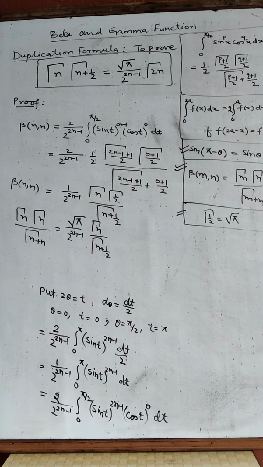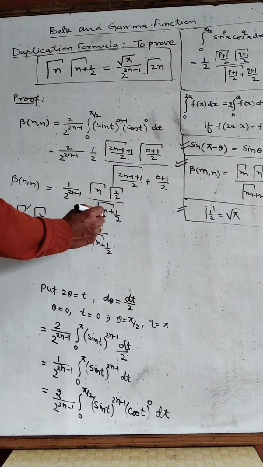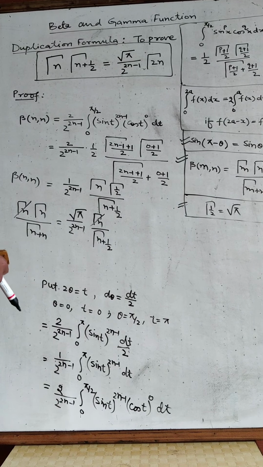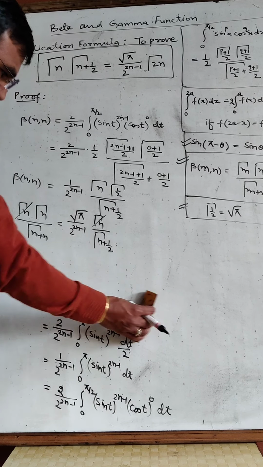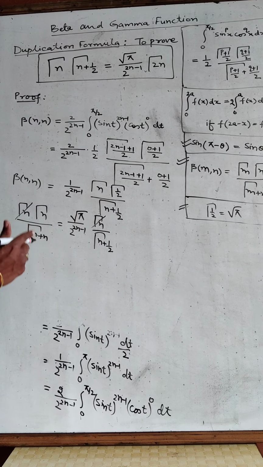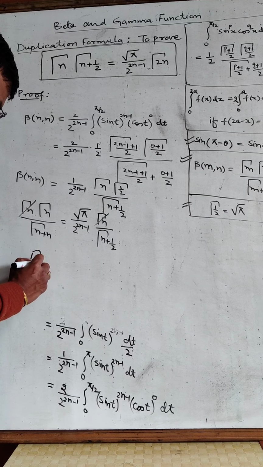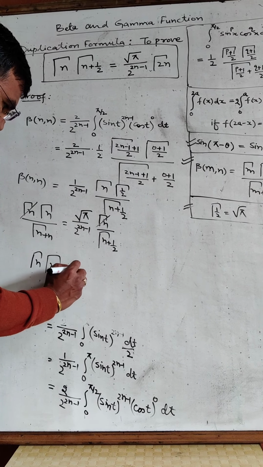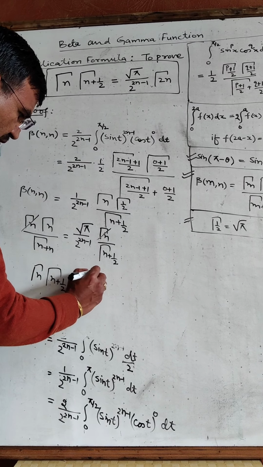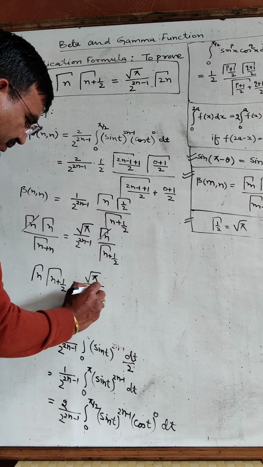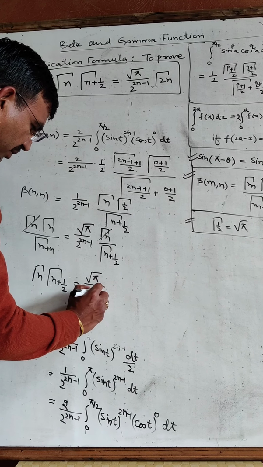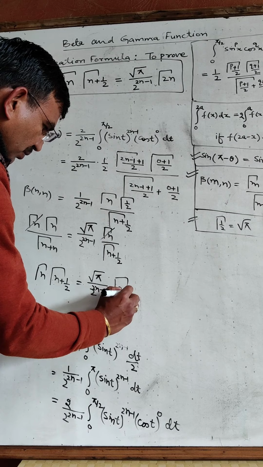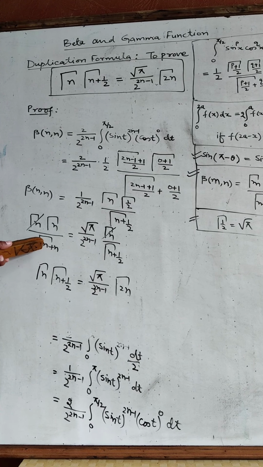Now from here we will cancel out the term gamma of n, and we will reshuffle the terms, and after reshuffling or after cross multiplication, it would become gamma of n plus 1 by 2 equal to square root of pi over 2 raised to the power 2n minus 1 gamma of 2n over gamma of n.